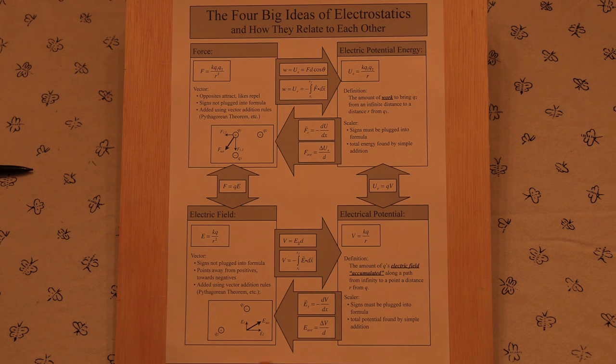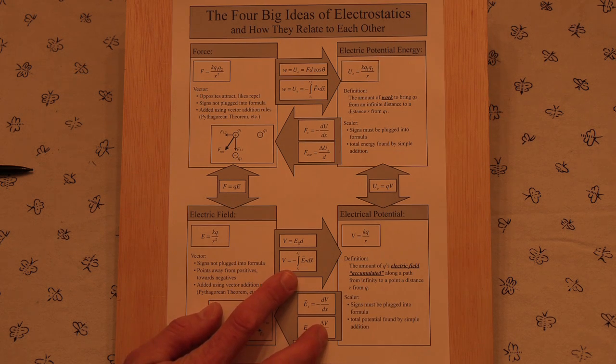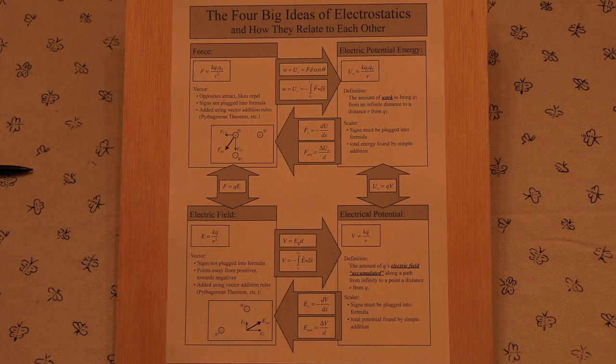And lastly, down here in the corner, electric potential, in other words, voltage. It's called potential in physics problems very often, not really voltage. The definition is the amount of the charge's electric field "accumulated." I put that in quotes because it's a rough conceptual idea, but it's accumulated along a path from infinity to a point, a distance r from Q. What I mean is like you're integrating from infinity into a particular charge a certain distance away.